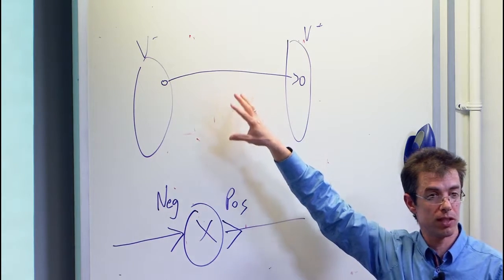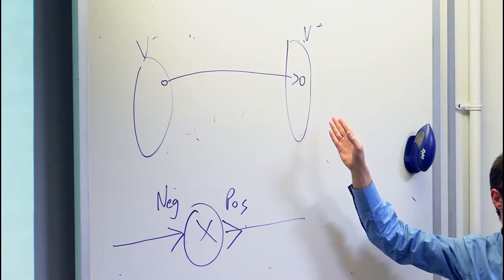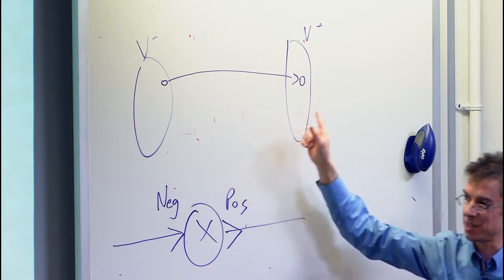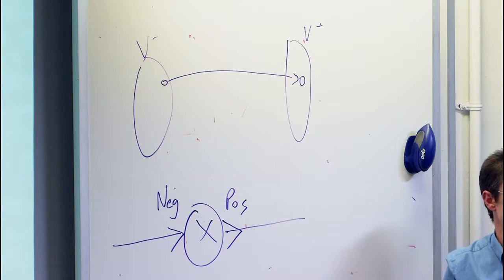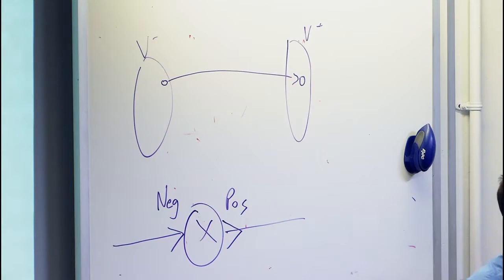Then all we need to do is a bipartite matching between these vertices and these vertices, according to the imbalance of these and the imbalance of these. Then we can solve the problem in polynomial time, given that we have a solution for the weighted bipartite matching problem. This is in fact what's written here, and the only thing we need to consider is that we are talking about a bidirected graph. So finding the shortest path is slightly different, but it's almost the same algorithm.